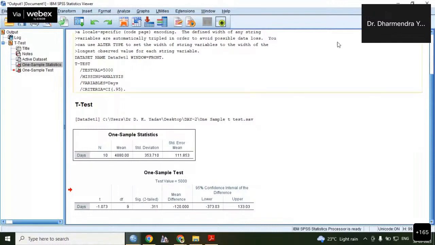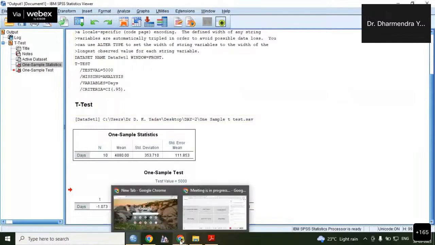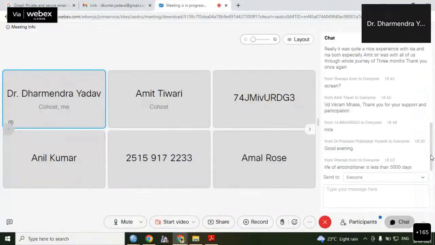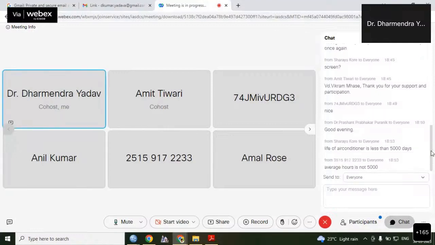Can anybody tell me what is the null hypothesis here? Life of air conditioner is less than 5,000? No. Always remember that null hypothesis is the hypothesis of no difference. There is no difference between the observed value and the given value.